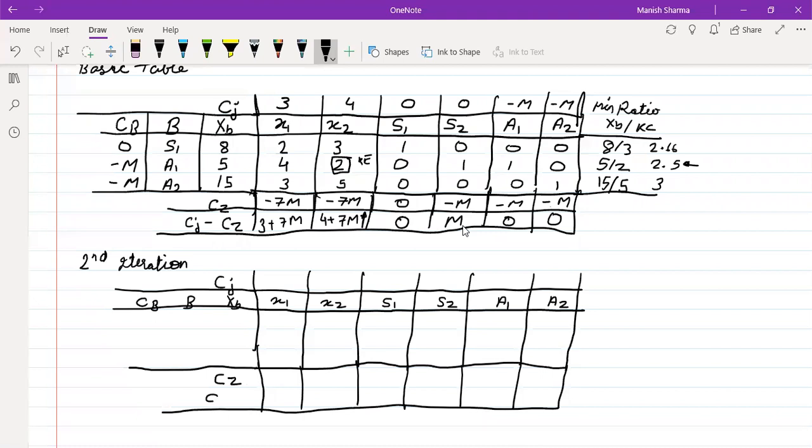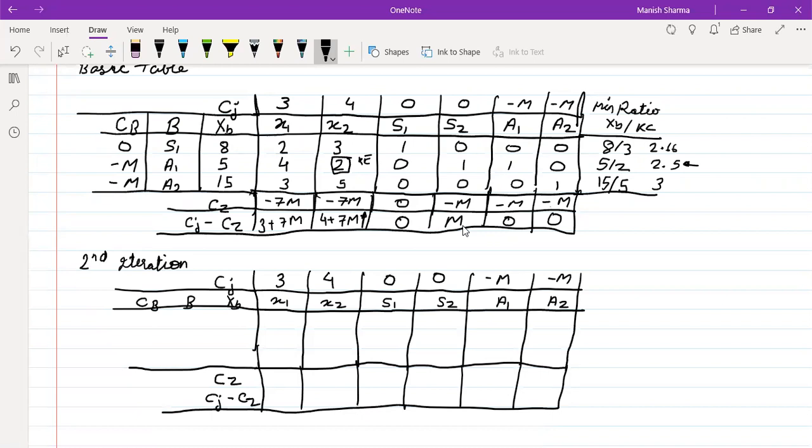This is Cj minus Cz. This remains the same, there is no change in Cj. So 3, 4, 0, 0, minus M, minus M.